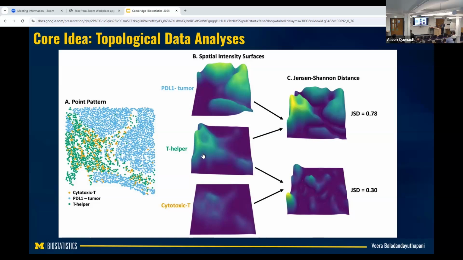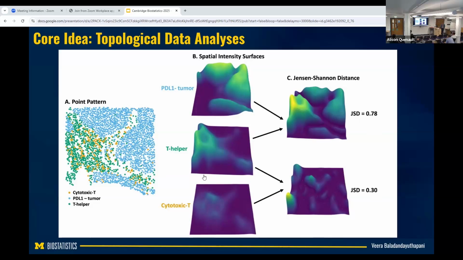And there are many metrics for computing distances between densities, either geometry based or information entropy based. One is Jensen-Shannon distance. As you can see, for these two it's pretty high, which means they're far away from each other. So the higher distance means they're far away, and 0.3 here means they're closer to each other.